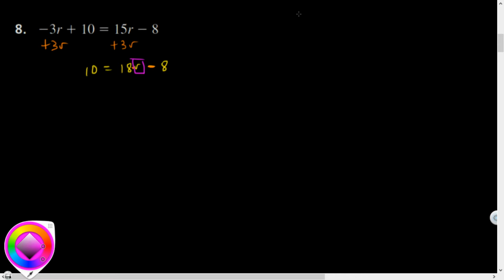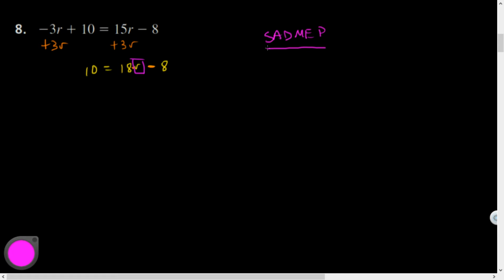Which is legal. You're just making work for yourself. Remember, the way we choose is we SADMAP, right? I'm undoing the operations in the reverse order. So I'm going to deal with subtraction from SADMAP before I deal with the multiplication. And I'm moving those with inverse operations.